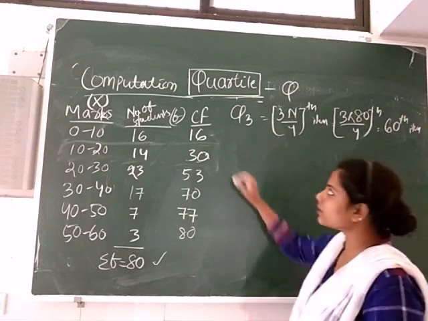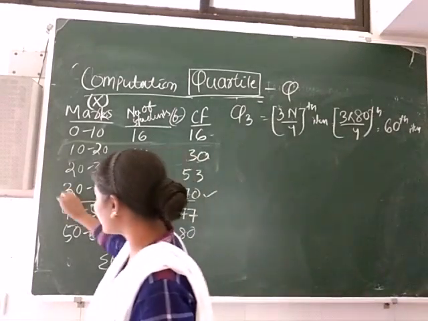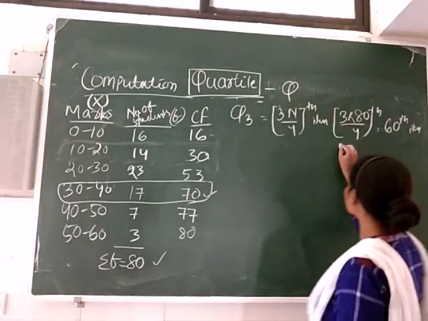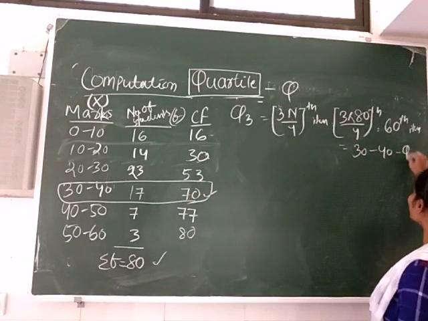So the 60th item comes under the cumulative frequency of 70. So the class will be 30 to 40. 30 to 40 is your quartile class.